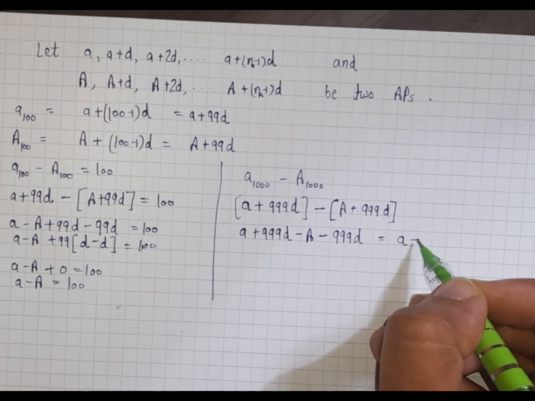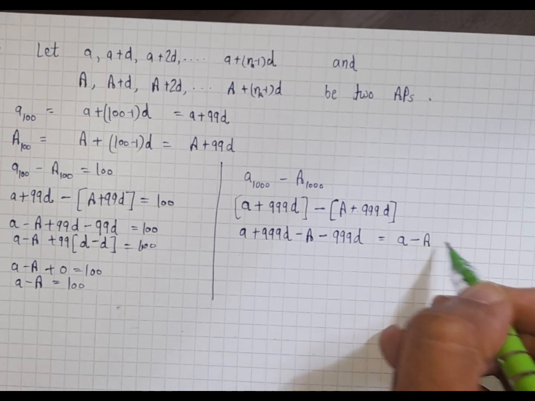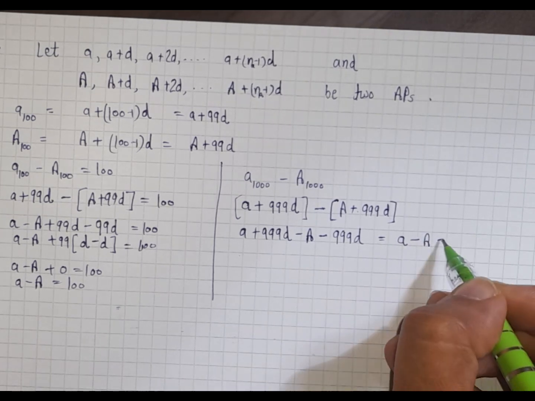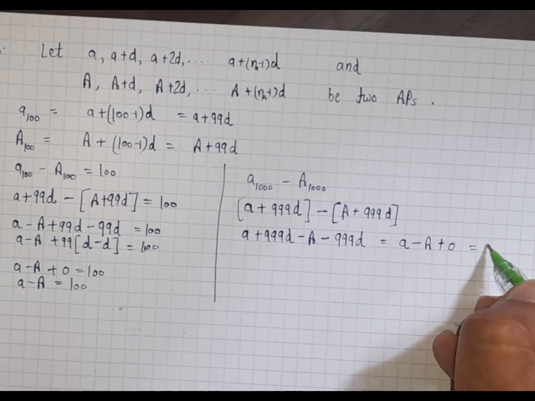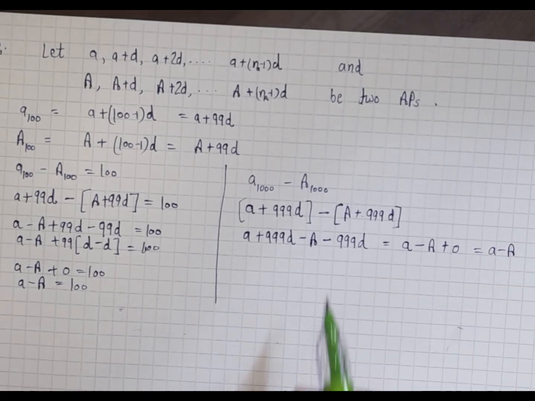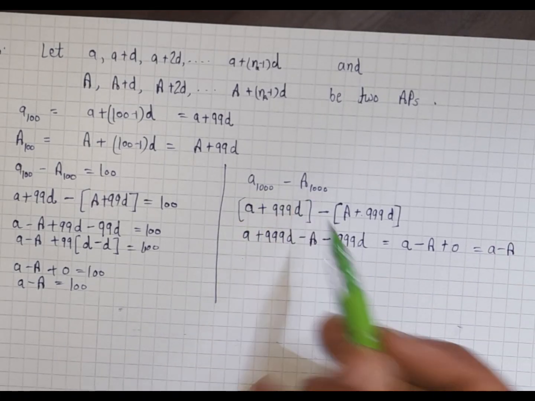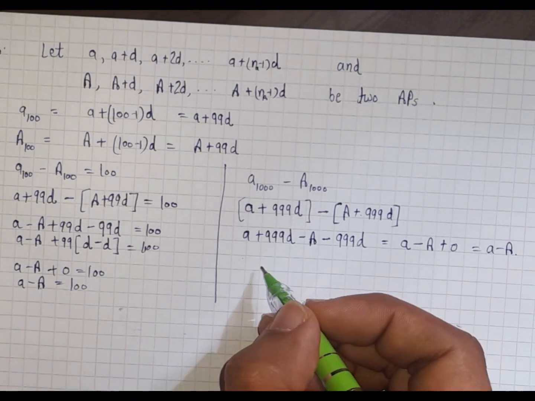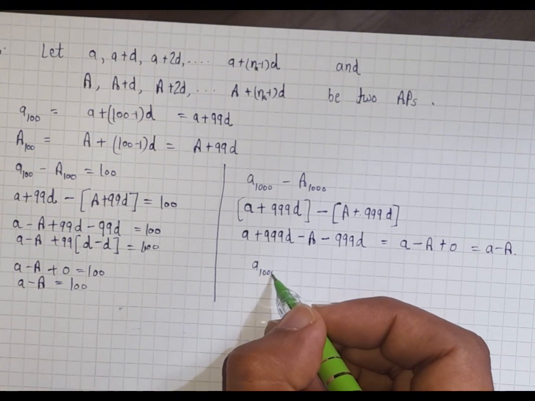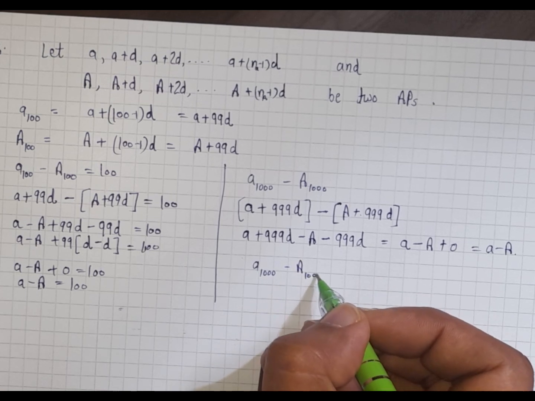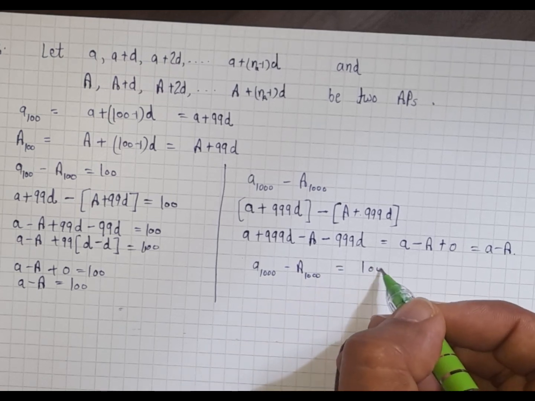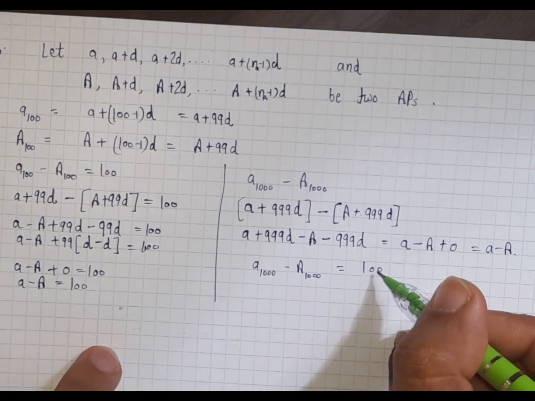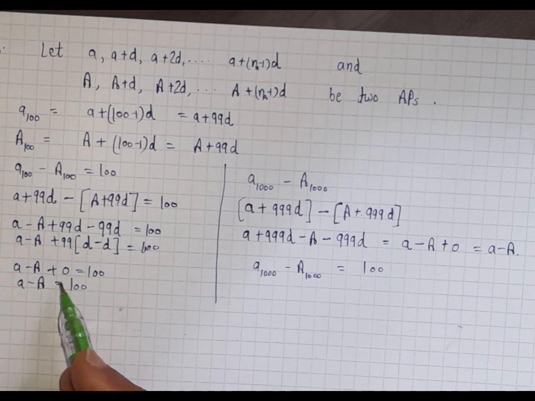So we have a minus capital A plus 0 equals a minus capital A. So the difference between their 1000th term is a minus capital A, and a minus capital A equals 100. So the difference between their 1000th term equals 100, from this equation.